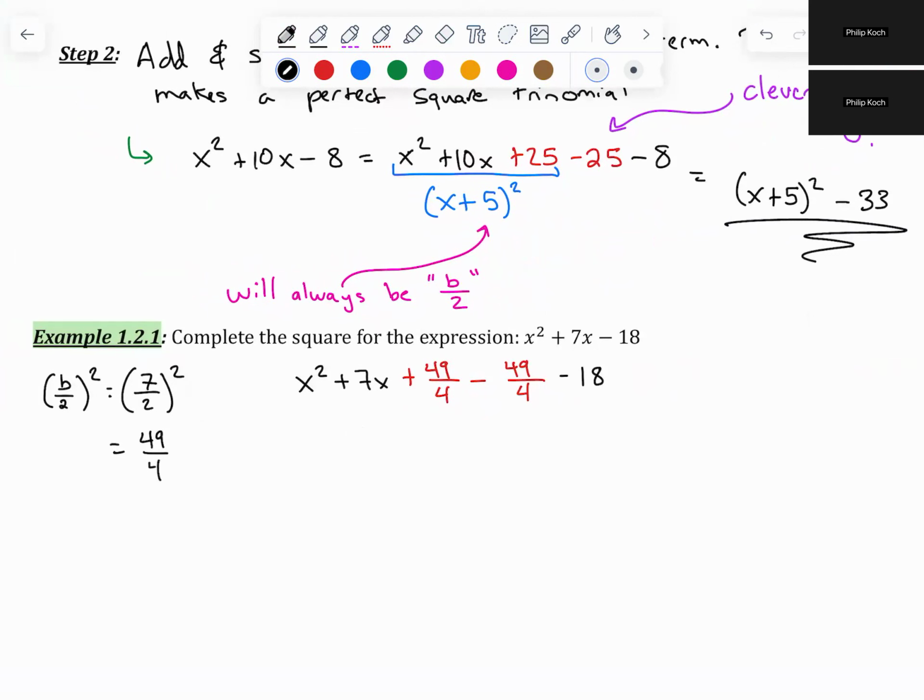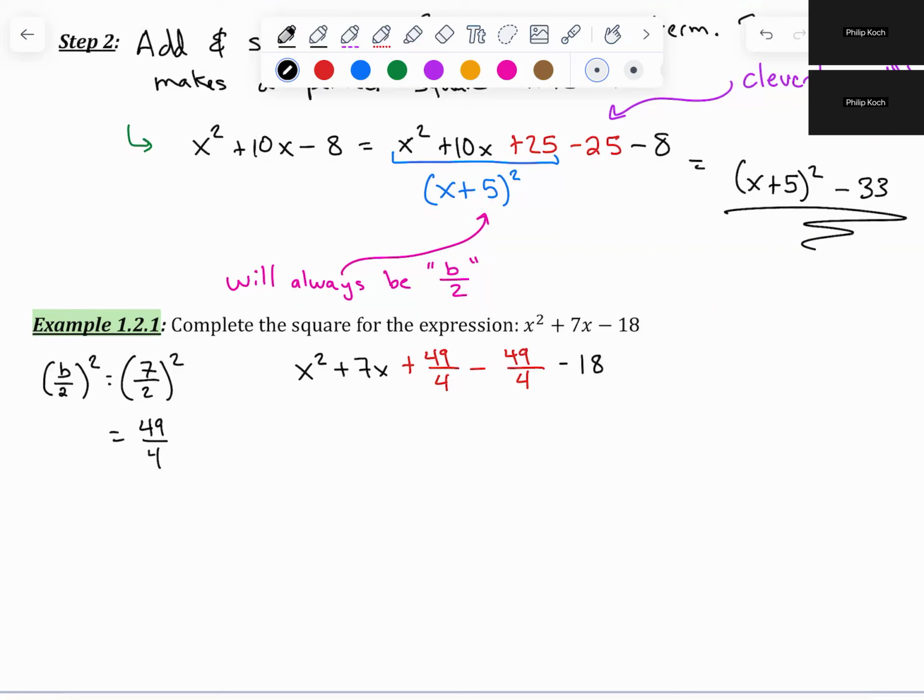So this is the reason why I recommend that little note in pink, is that trying to figure out how to factor this one doesn't seem very fun to me. I could do it, but it wouldn't be very fun. So let's make it fun by recognizing that this portion will just be x plus 7 halves. It's always the b over 2. x plus 7 halves squared.